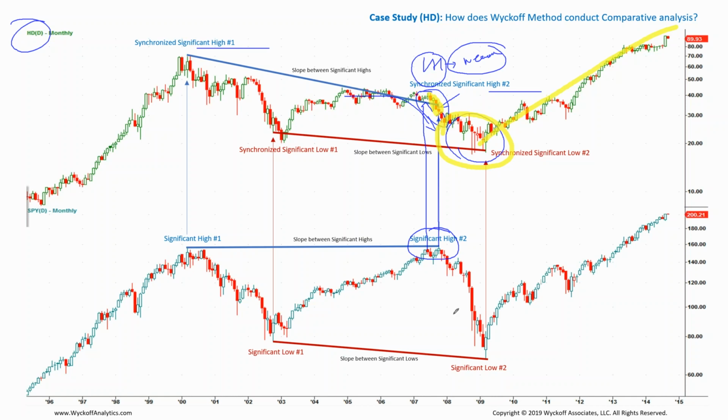So let's look at the low here. So significant low, the slope for the stock, the slope for the market. And I would say that still the market is weaker here just because of the slope. The stock is stronger. And then on the highs, we had weaker stock, stronger market.